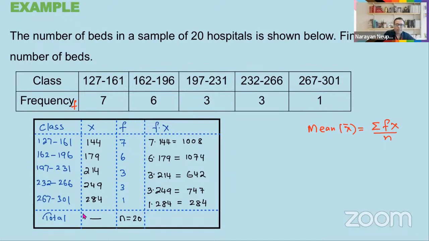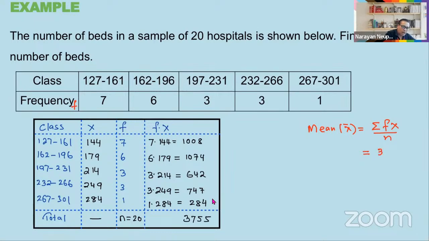So once we have everything set up like this and ready on the table, all we need to do is plug in here and find that mean. So here it is going to be sum of f times x. Now we need to add these numbers: 1008, 1074, 642, 747, and 284. If you add all that, that is equal to 3755.